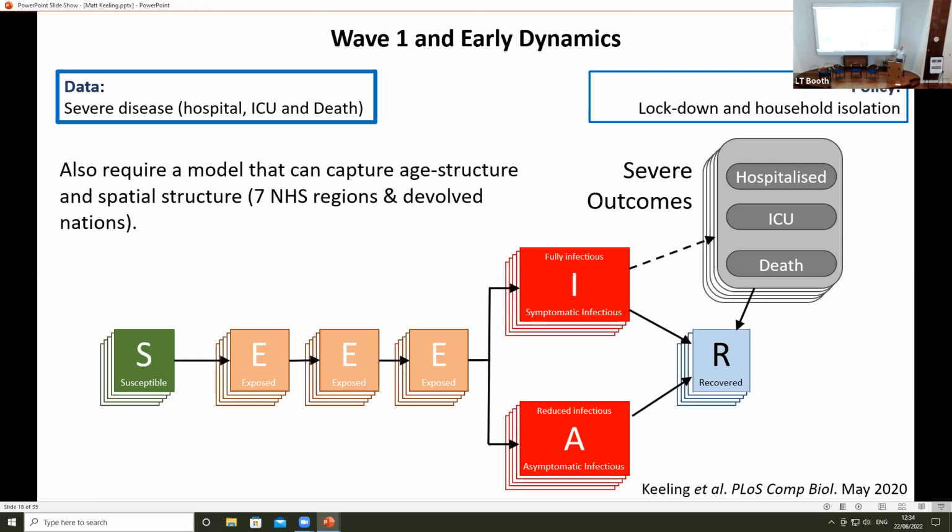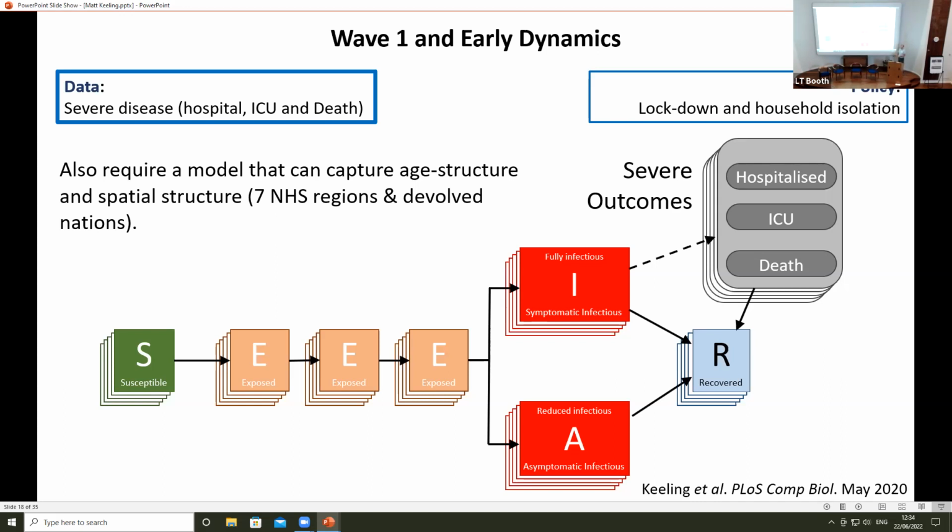We also had some idea that there was some spatial heterogeneity, so not at this really local fine scale, but certainly we were getting data in at the NHS regions, and so we had to think about splitting up the population into different regional classes. But more importantly, we had to think about splitting the population up into ages, because we knew for COVID that age was hugely important.